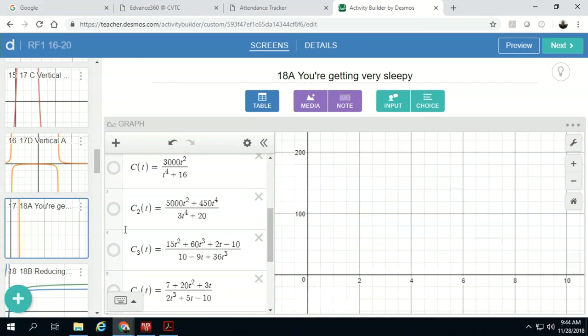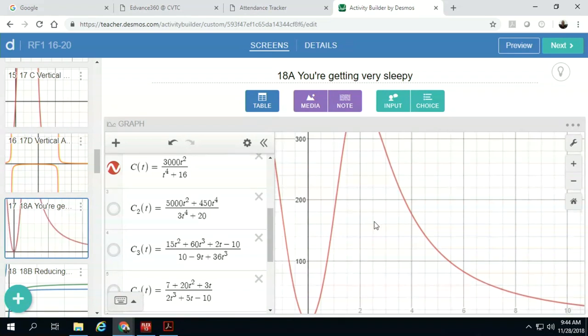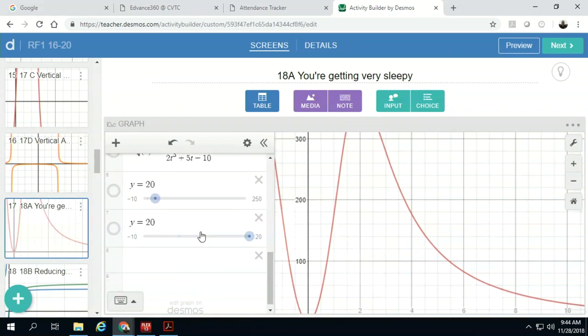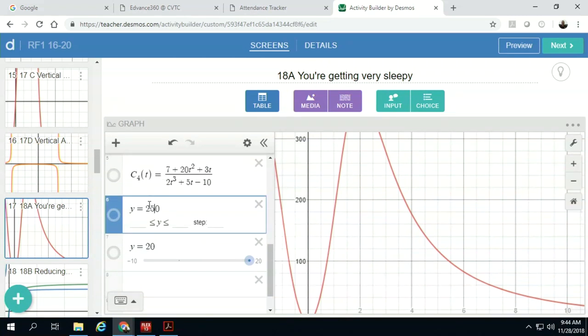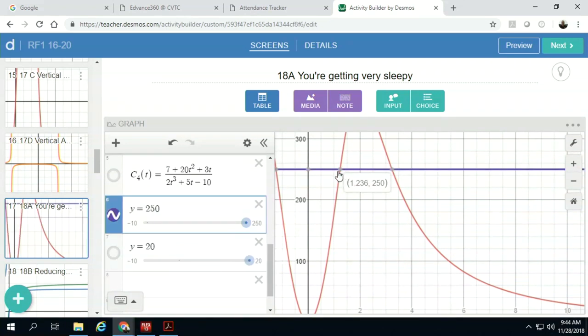Oh, I'm graphing the wrong one here. Let's go up here to this one. There we go. So if we put that line in at y equals 250, it's above 250 from 1.236 hours to 3.236 hours, or a total of 2 hours.